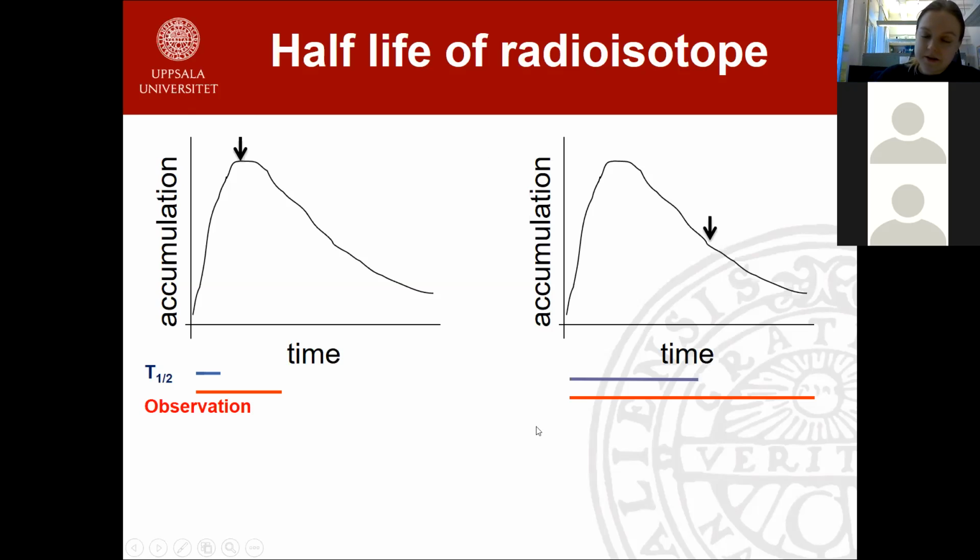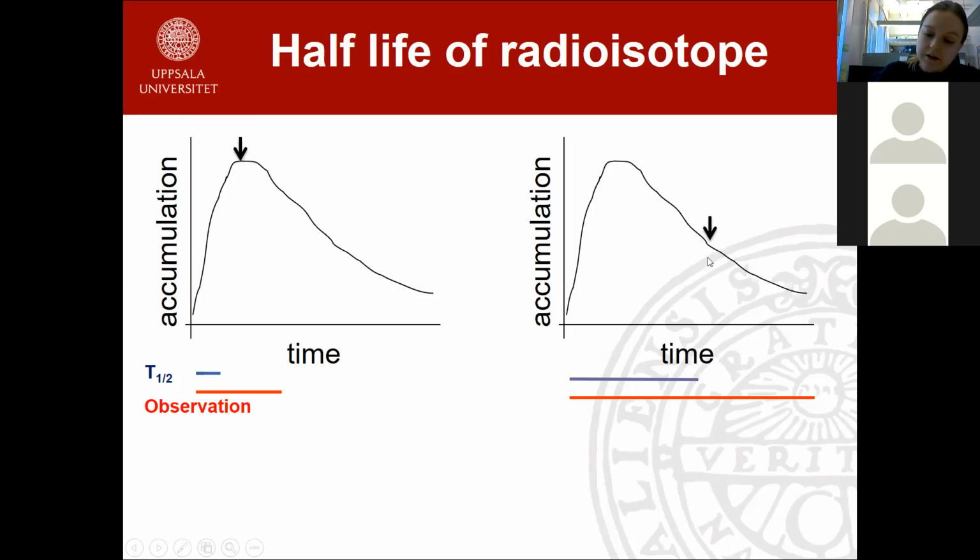But the second situation is when we want to do experiments at later time points after injection. For example, we want to study some processes up to 7 days post-injection, which means that we have to take a nuclide, an isotope that would have a longer half-life that would allow us to do late time point imaging.